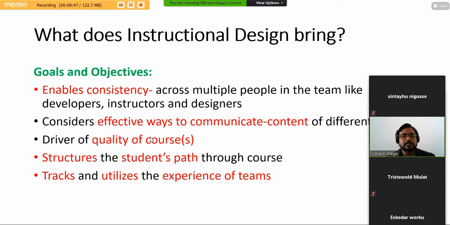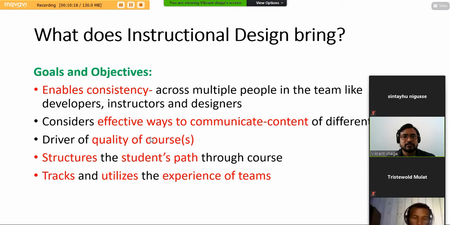Then it tracks and utilizes the experiences of the teams. Let's say the course has been modified, because generally we are not following the same course outline for the next 3 or 4 years. Maybe after 2 years, we are going to revise that particular course outline. So here the experience of the team matters, because these people know how we designed that previous course, so they know how to modify that content.